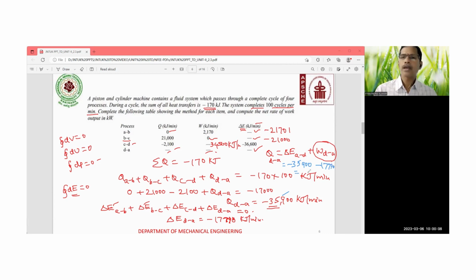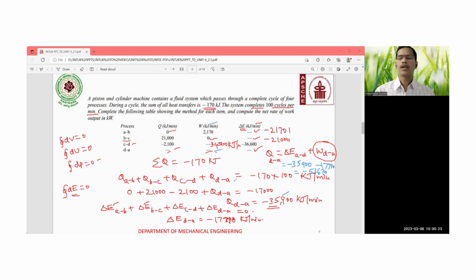So you will get the answer as minus 53,670 kilojoule per minute. This is how you can make the calculation of the work.